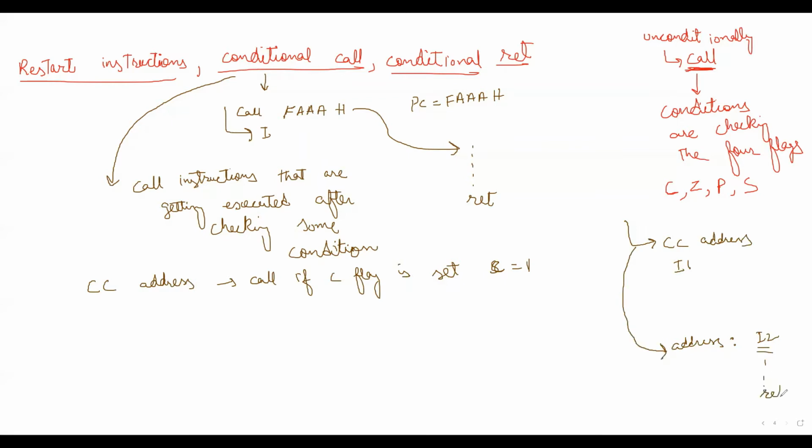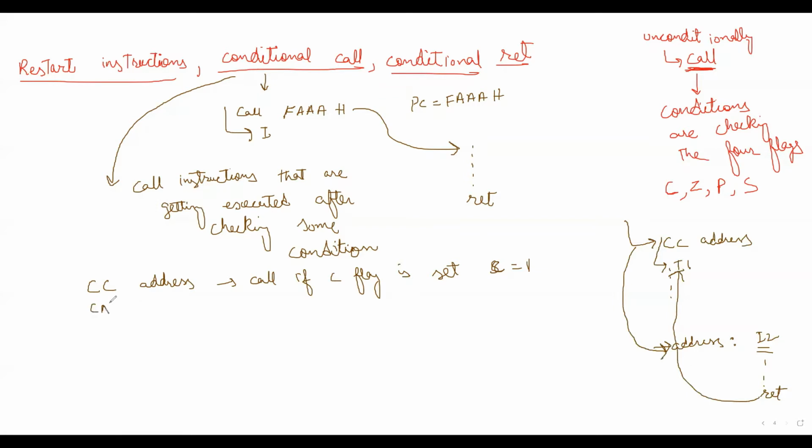Then here we will have return, which means it will go back here. However, if the carry flag is 0, it won't go to this location. It will directly go to the next instruction and continue like this. So here you can see that we are checking a flag, and based on that flag, we are deciding whether we should make a call or not. So this is one instruction.